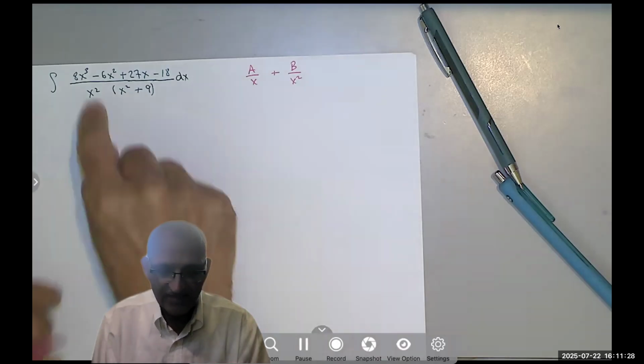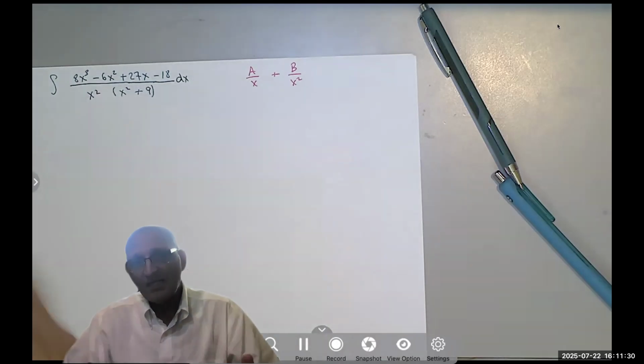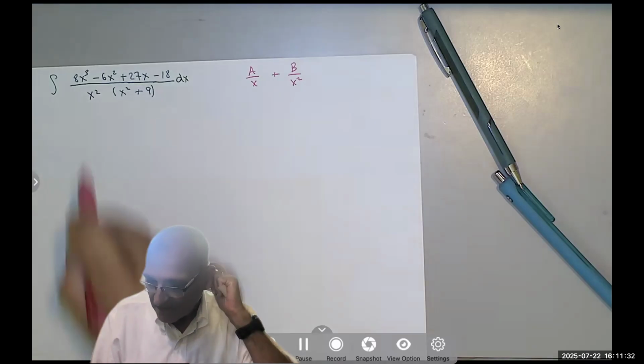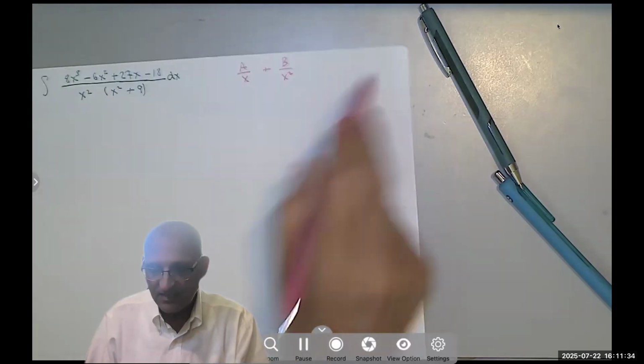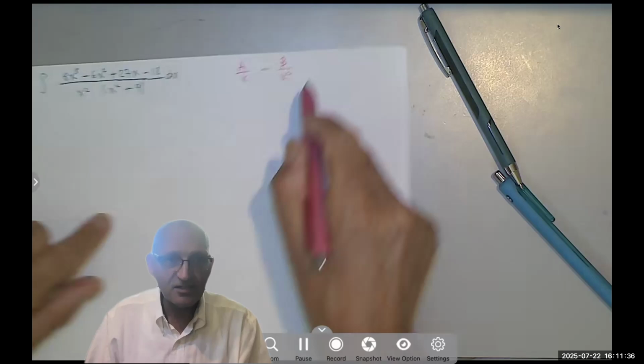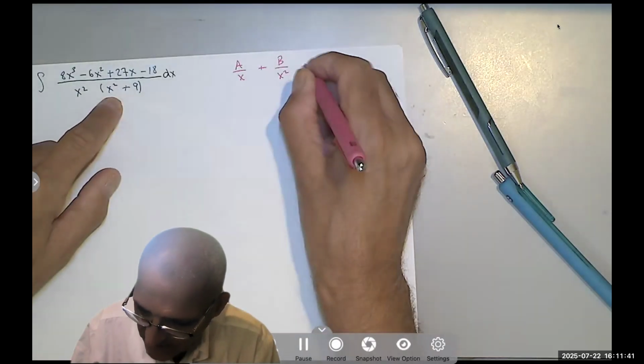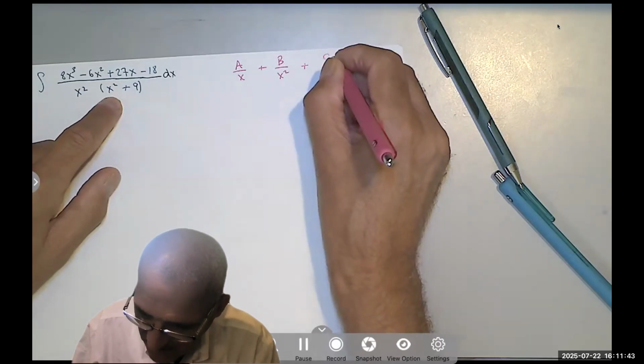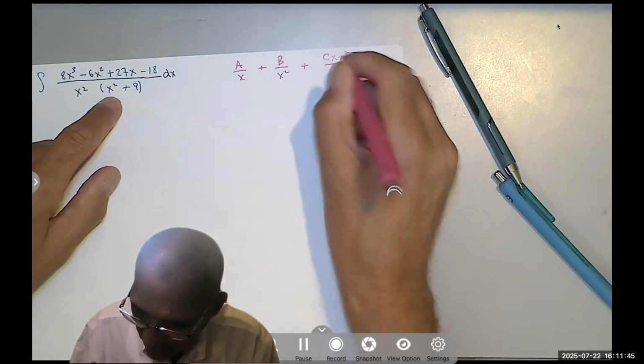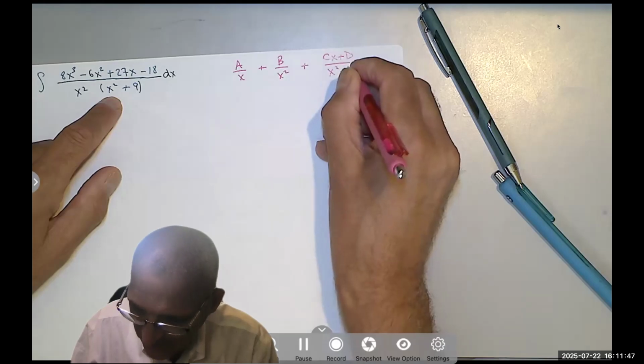And as I said, if that's x to the n, then I can take as many as n. So for x cubed, I will have three cases: a over x, b over x squared, c over x cubed, and so on and so forth. And this other part, we already learned how to do it. It's cx plus d over x squared plus 9.